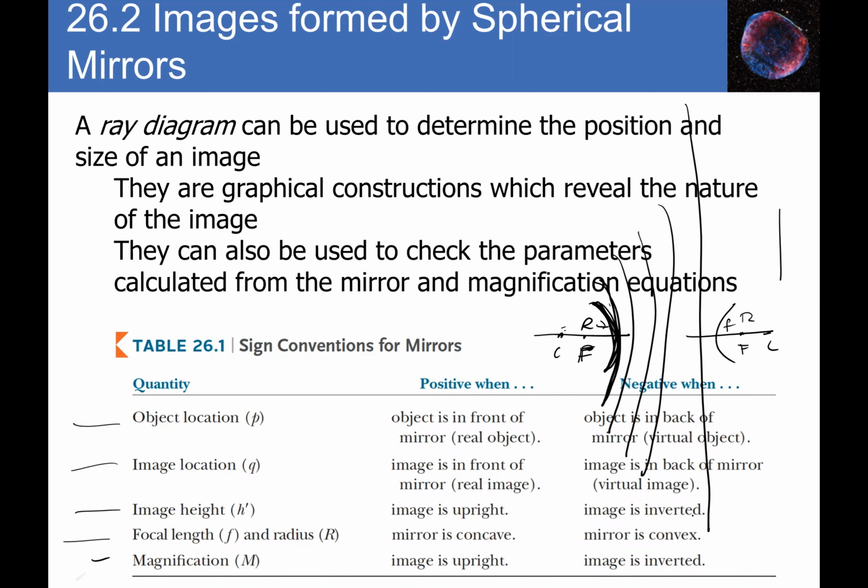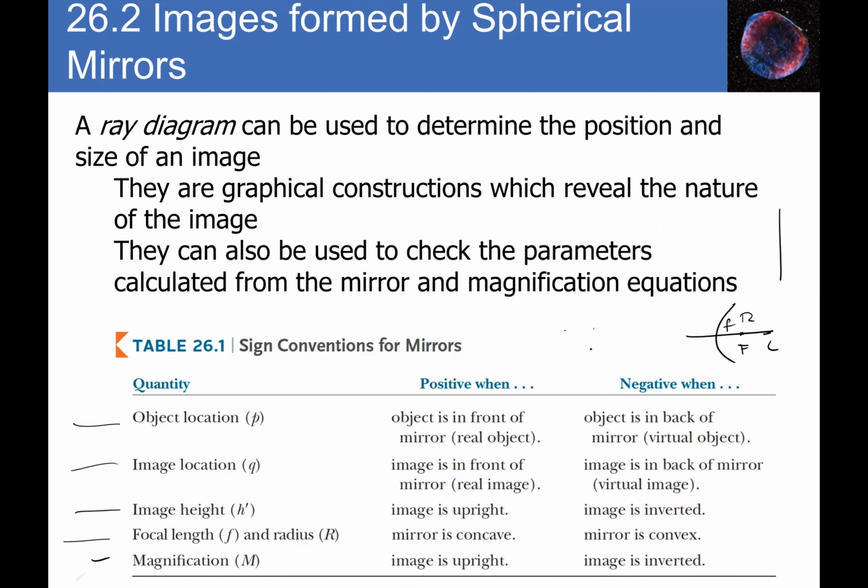That means the curvature is so flat that if you consider a curvature, you have to extend all the way to infinity to see some kind of curvature. That means for the flat mirror, the radius is infinitely large. Basically, it equals infinity.